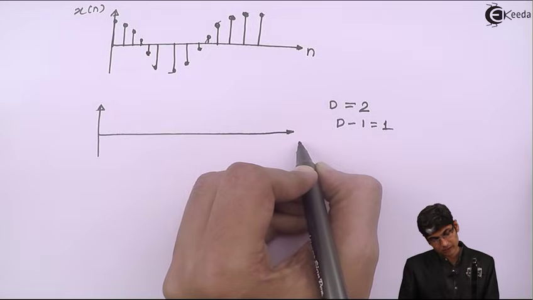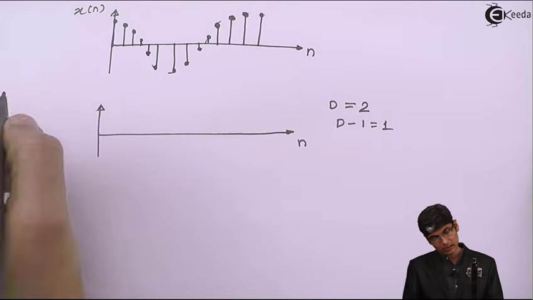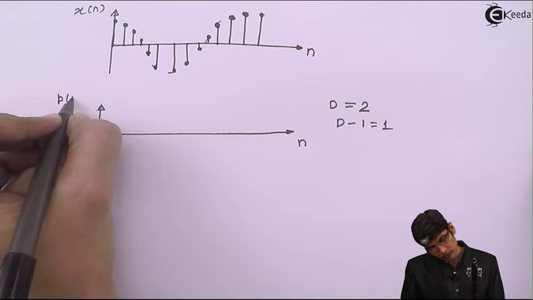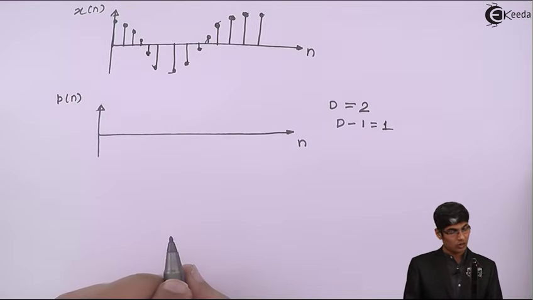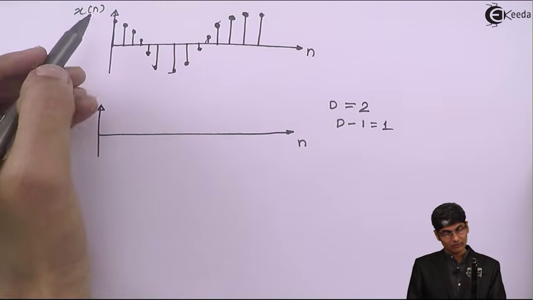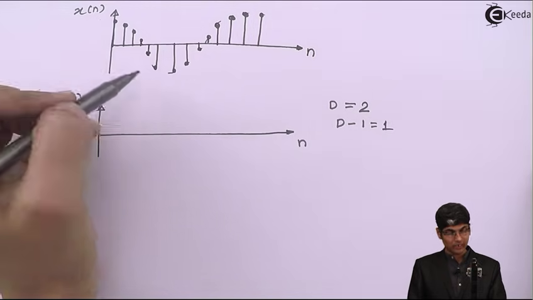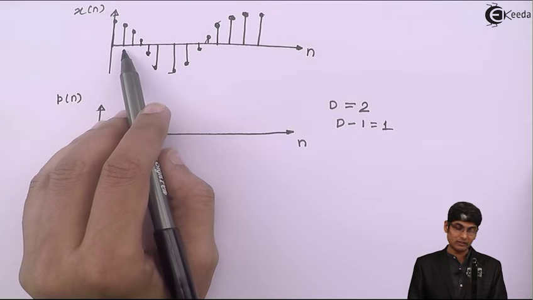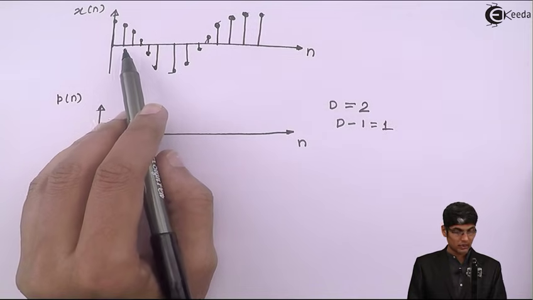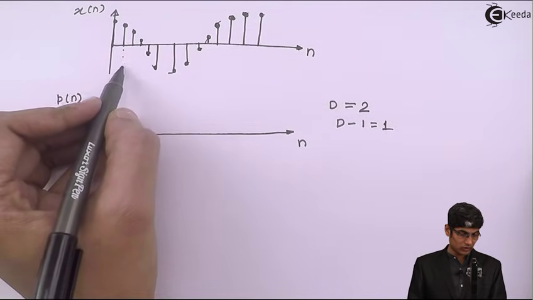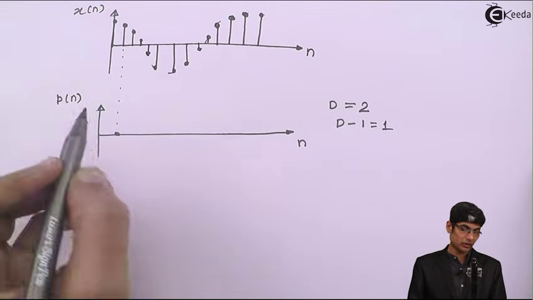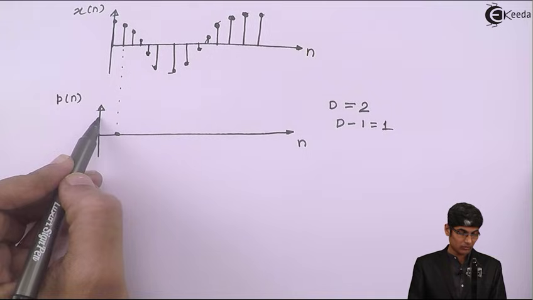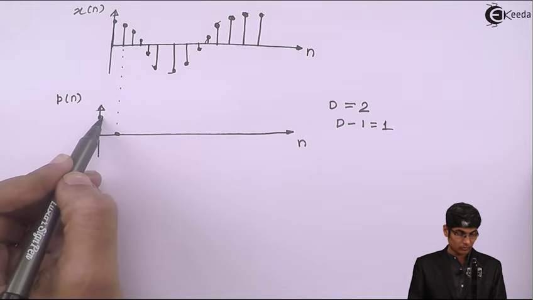Now this is my n again, and I bring a new sequence p of n. I will be multiplying this. Now when I want to drop this sample, there should be a 0 just below this. So there will be a 0 at this point. I don't want to drop this sample, so there will be a 1 at this point.